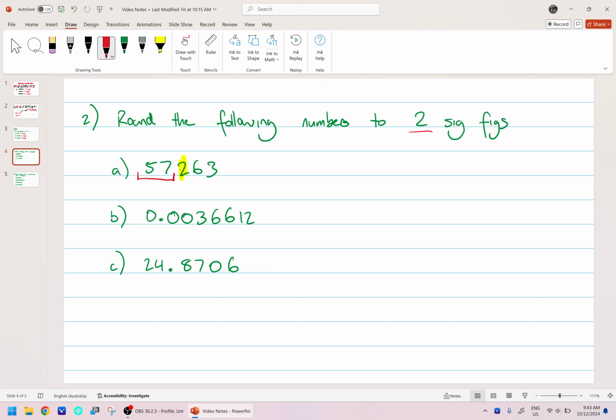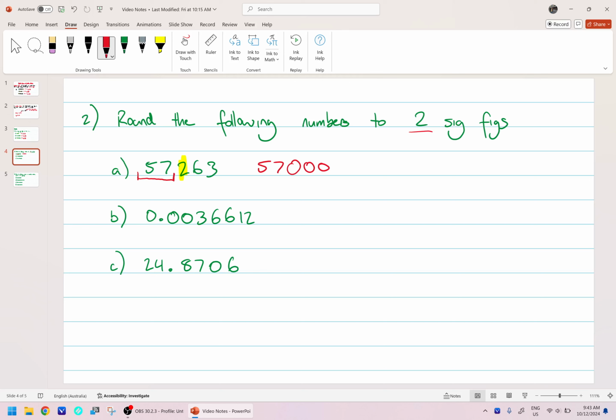However, if it's 0, 1, 2, 3, or 4, we'd round down. So with this rounded to 2 significant figures, there's a 2, so we're going to round down. So it's just simply going to be 57. We're going to write that 57 and then replace everything else with 0. So what we're saying here is this number, 57,263, is about equal to 57,000.